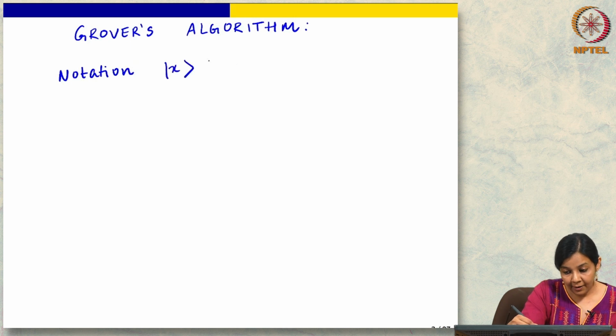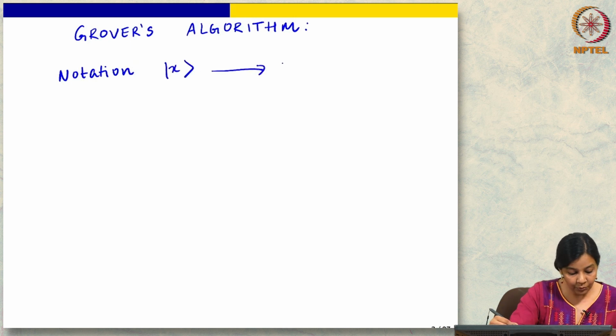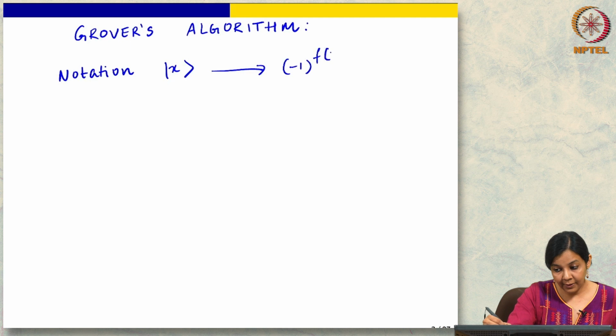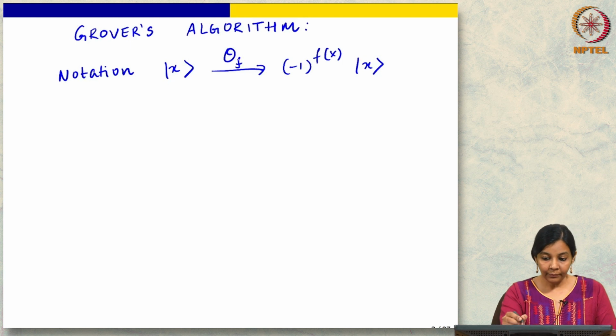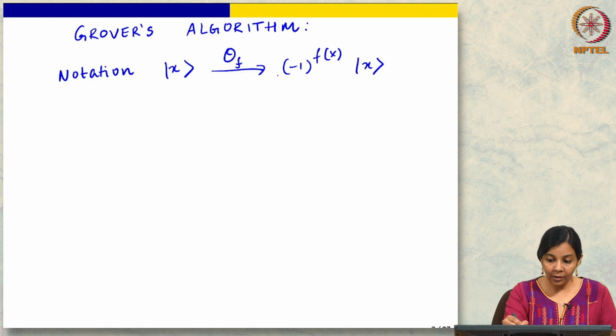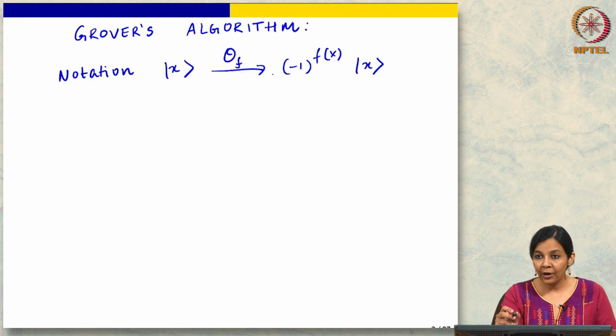If I take the map x to minus 1 to the f of x, times x, I am going to call this transformation O_f. We have seen this in great detail in the past, right. So, let's not go into that any further, we will just apply this in an abstract way.